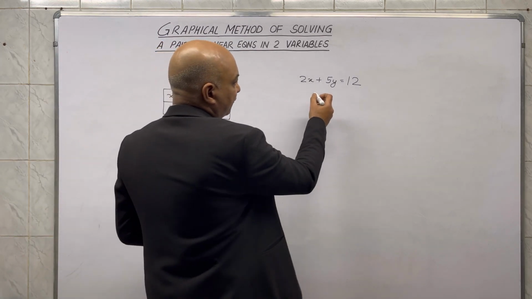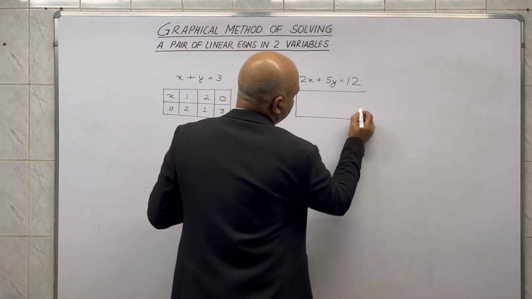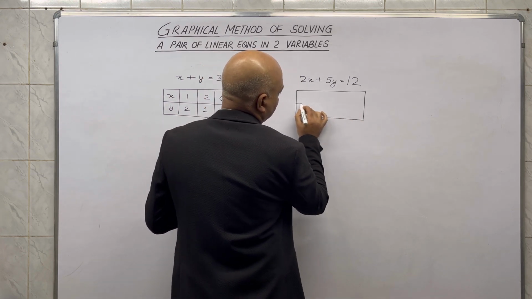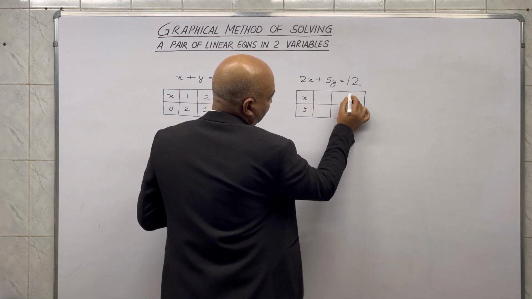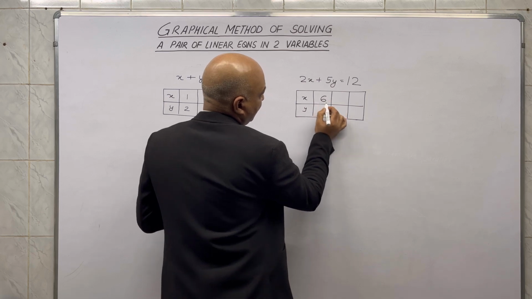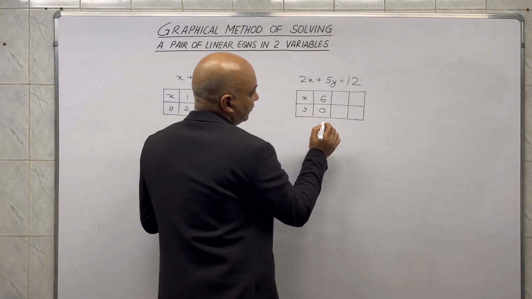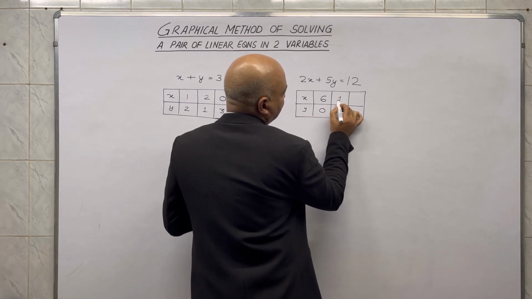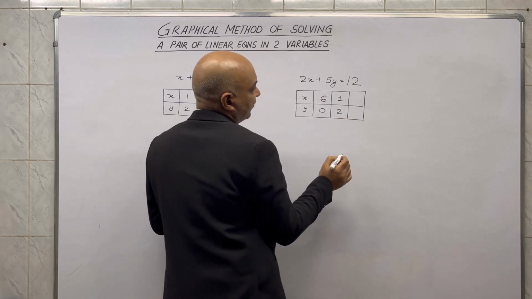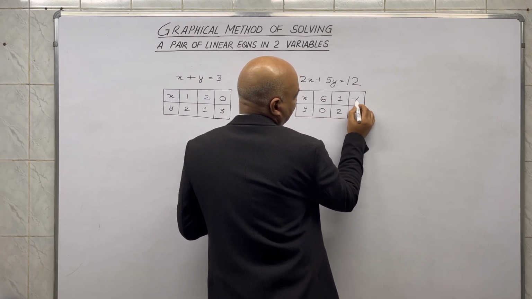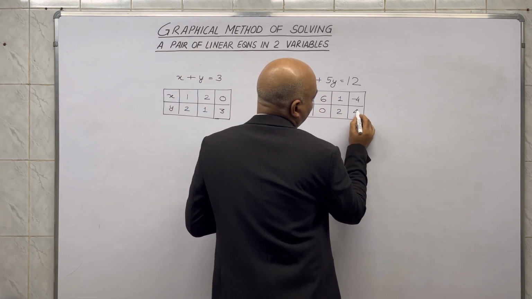Likewise for the second equation also I am going to take three values. Suppose I take x equal to 6, then I will get y equal to 0. If I take x equal to 1, I will get y equal to 2. And if I take x equal to minus 4, then I will get y equal to 4.